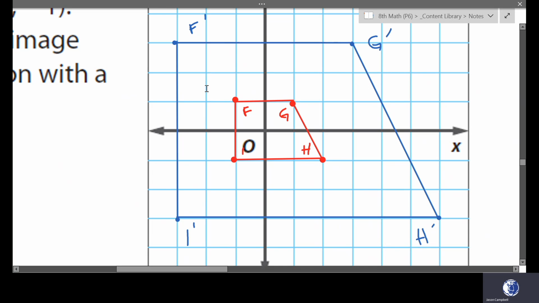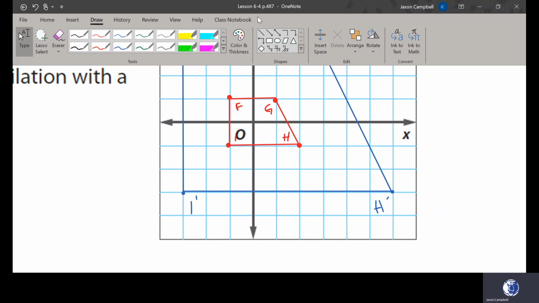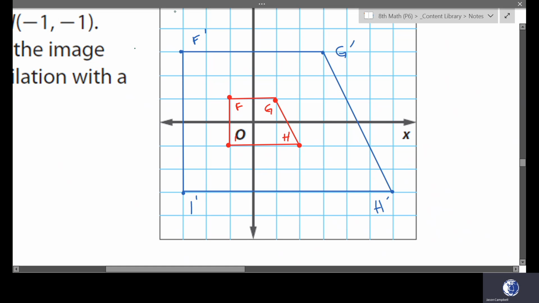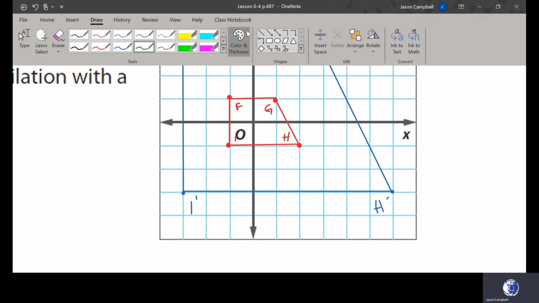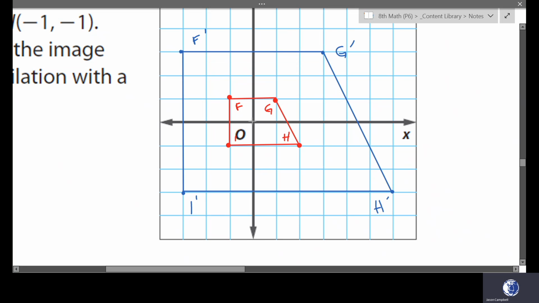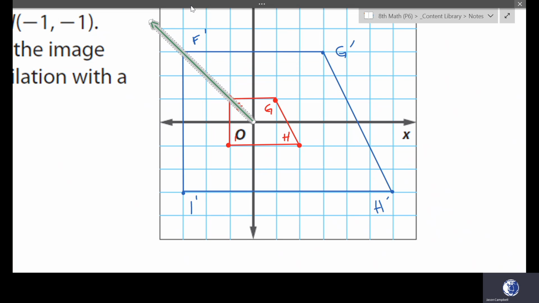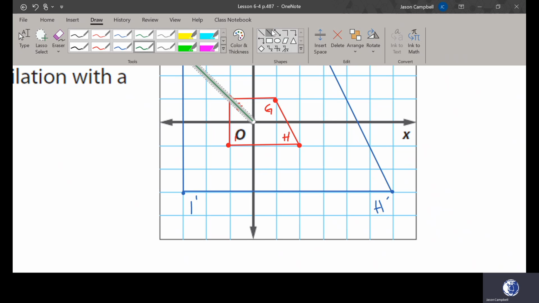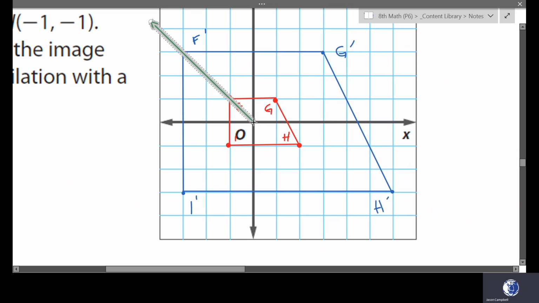And then just like before, if we run a line through the origin, it should go through the points of both the pre-image as well as the image as sort of a check to make sure that we got this correct. So there's one line. It does work. Here's another line. Let me pull this one in. That one works as well.